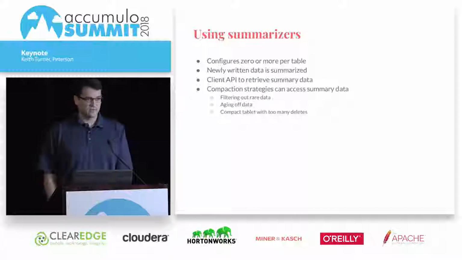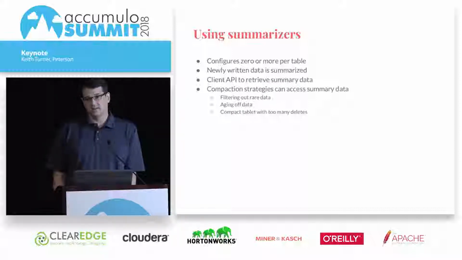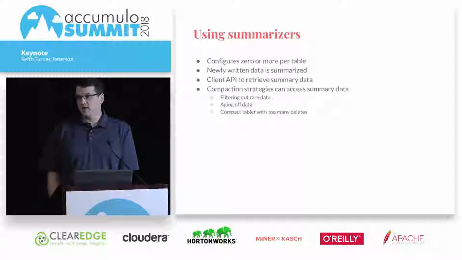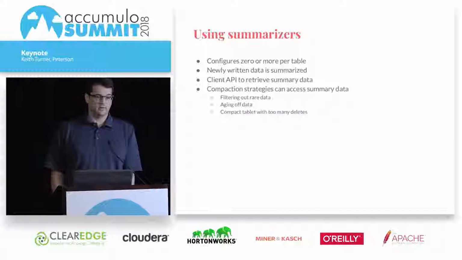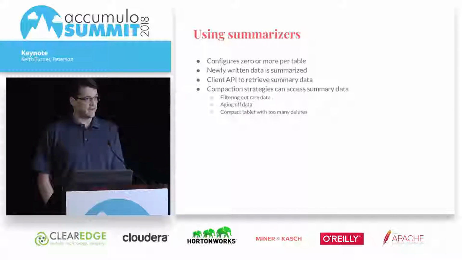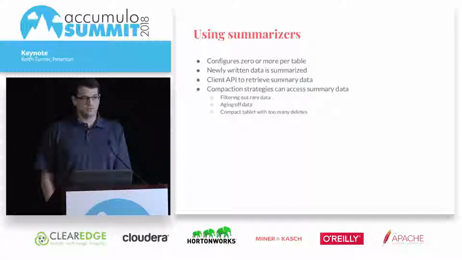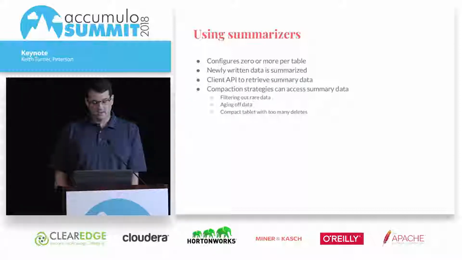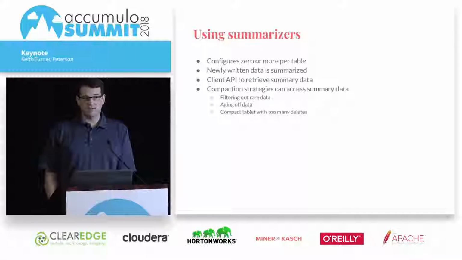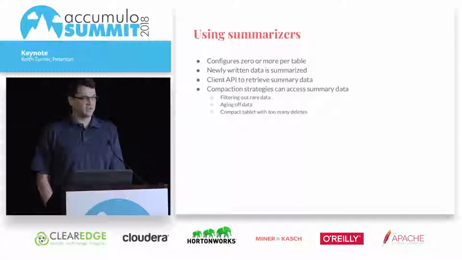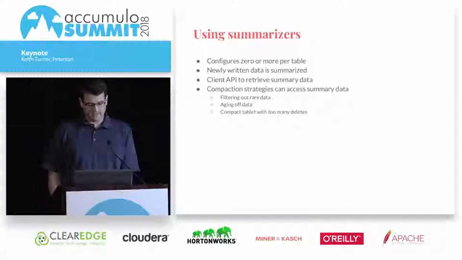So one use case would be, every once in a while I have to filter out some data that may be rare. If you had summarizers that characterize that, and you could see that only 1% of my files actually had this data, then the compaction could only compact the 1% of files that have the data.